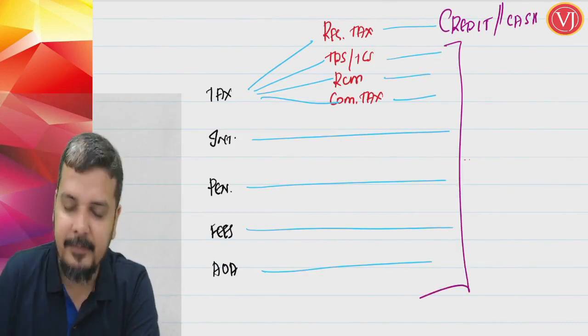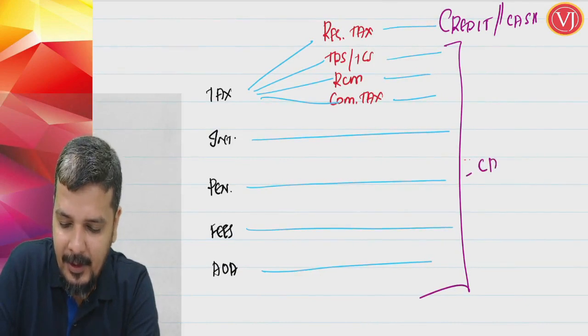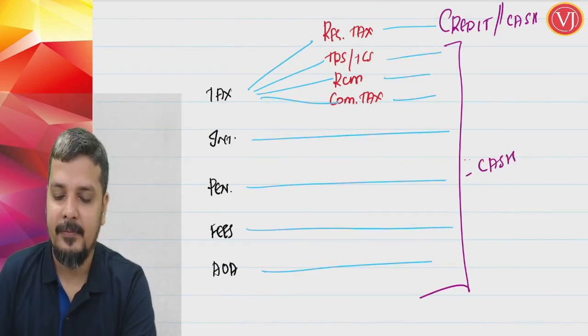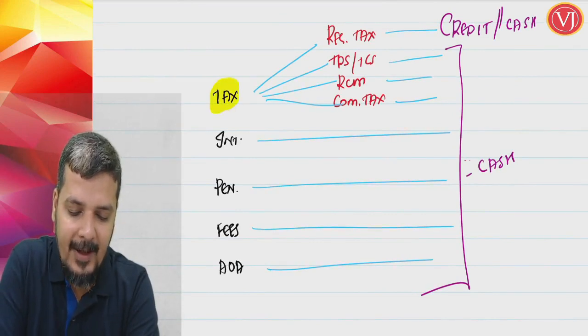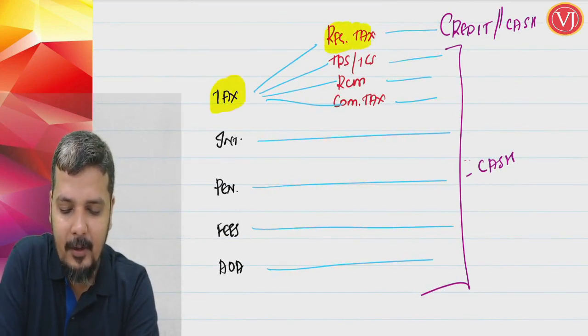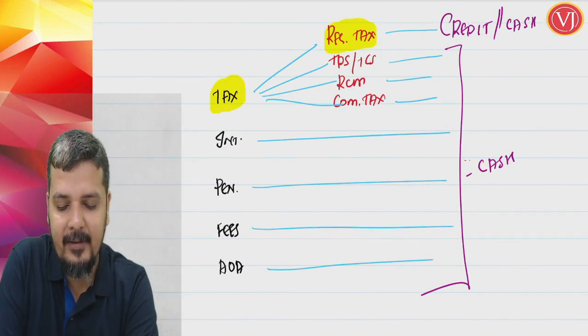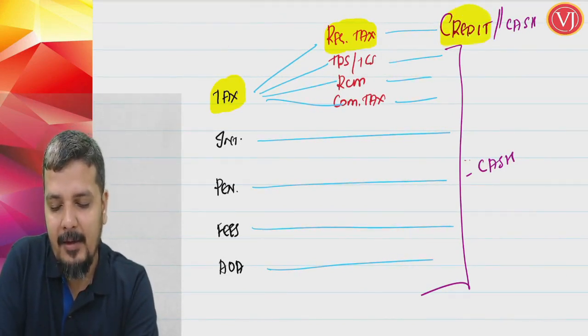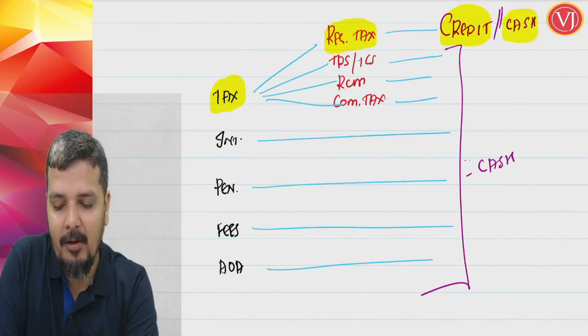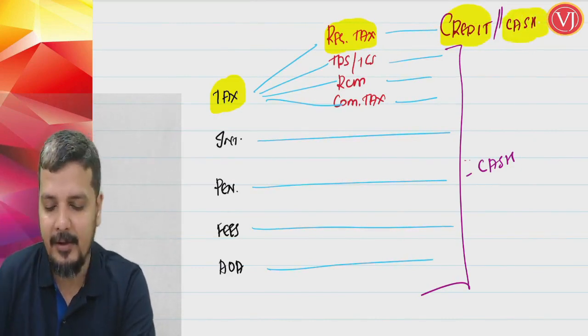Rest all of them can be paid only and only by your cash ledger. Only a very limited portion, it should be tax, and that too a regular tax, can be paid first by credit ledger, or if you want, cash ledger can be used for anything and everything.